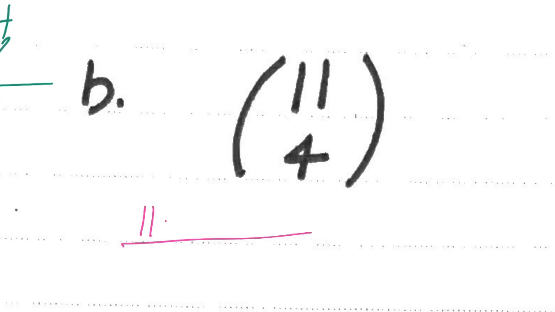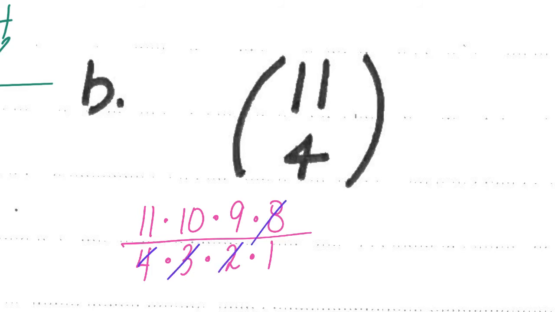So we're taking 11 factorial 4 times, and that's going to be over 4 factorial, and hopefully you can see 4 times 2 is 8, 3 goes into 9 3 times, and 33 times 10 is 330.